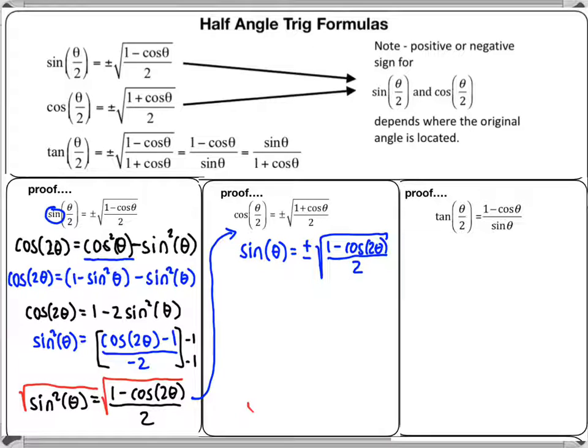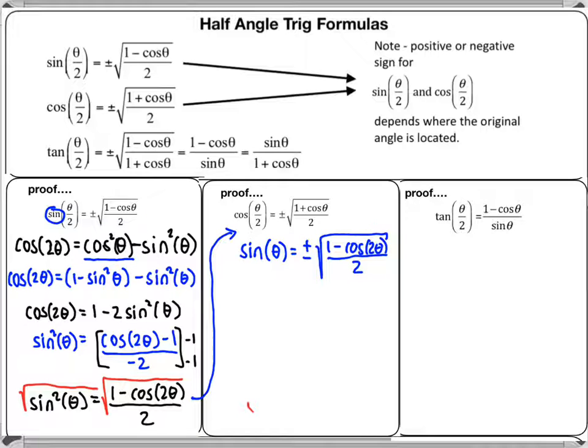Now the final part is that instead of leaving that as just sine theta, we're going to put in theta divided by 2. The reason is that whatever value I put in for theta, say a 5, it's going to appear on the right-hand side.